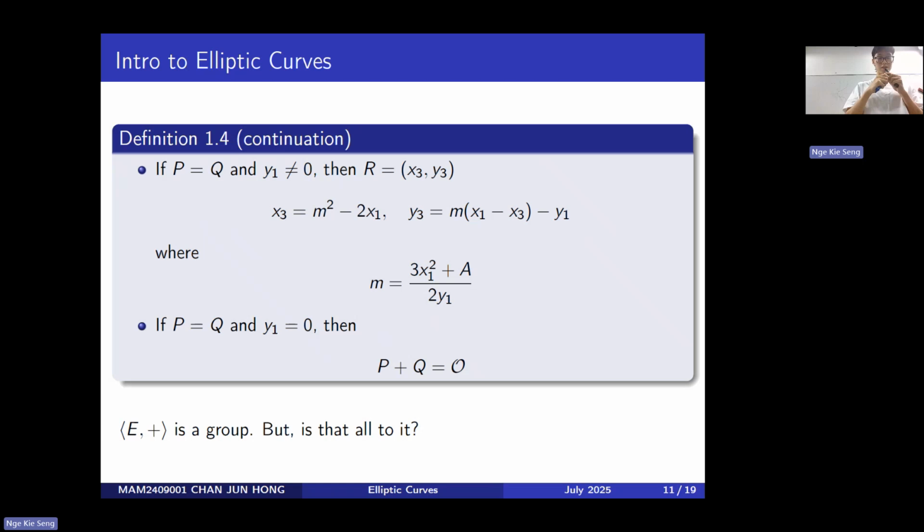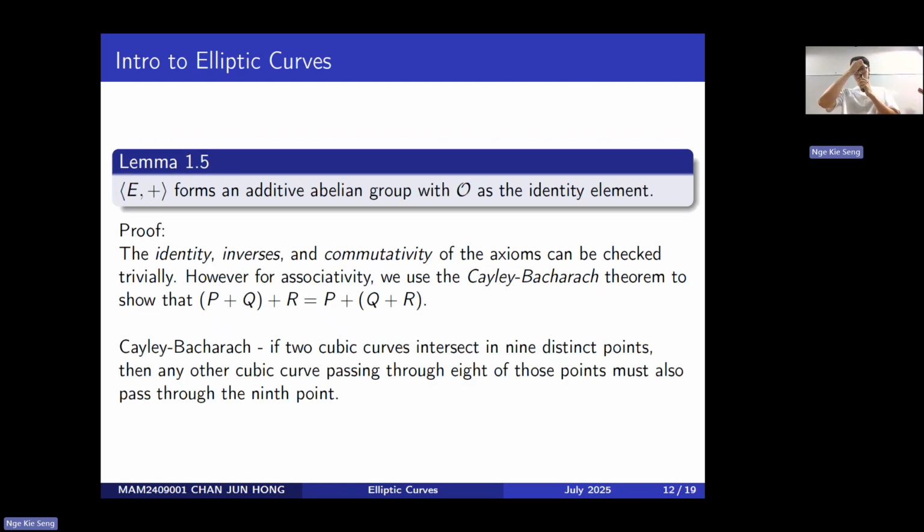So we can say that by this group law that E is a group, but is that all to it? Is it just a simple group? So the next one would be this lemma here, where it says that E and the addition form an abelian group with O as the identity element.